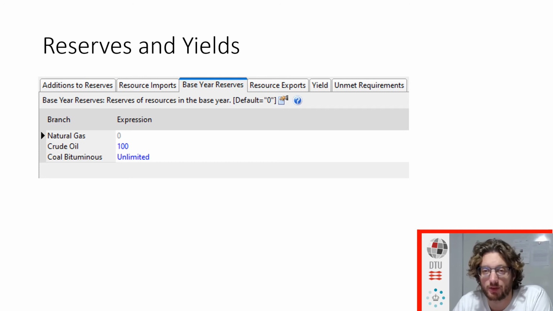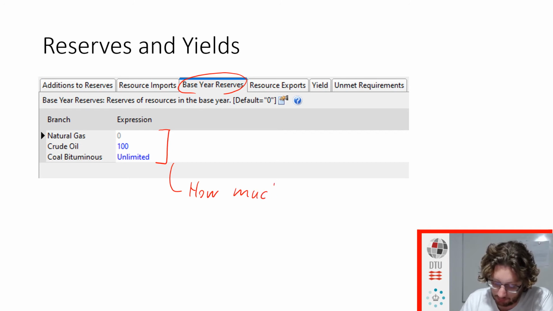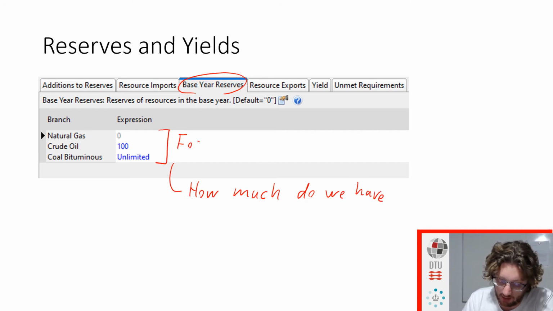So for our fossil fuels, where we have a certain amount of ground, or we have a good idea of how much we do have in country, we do have the base year reserves to do that. So that is basically what we have here for how much fuel do we have? And of course, this only accounts for fossil fuels where we can have that, so maybe a little bit unrealistic.